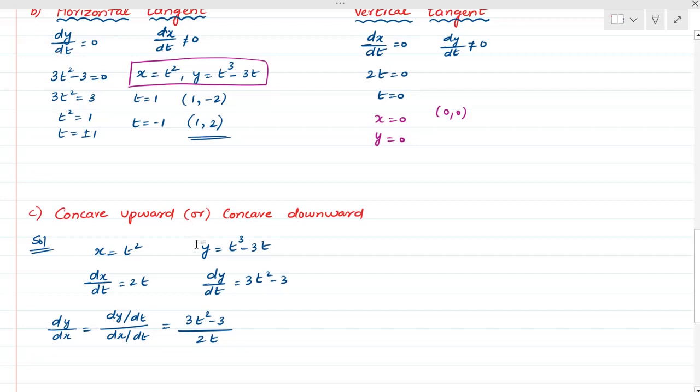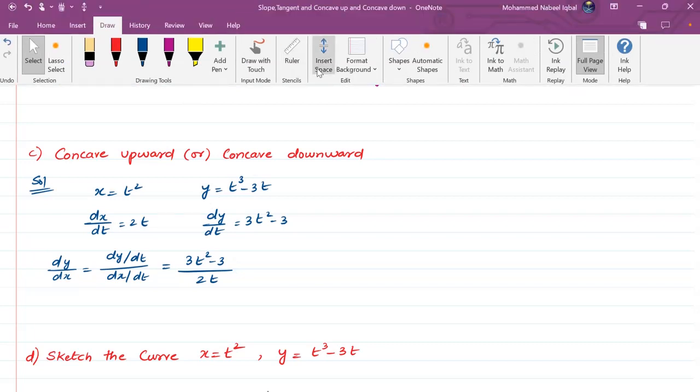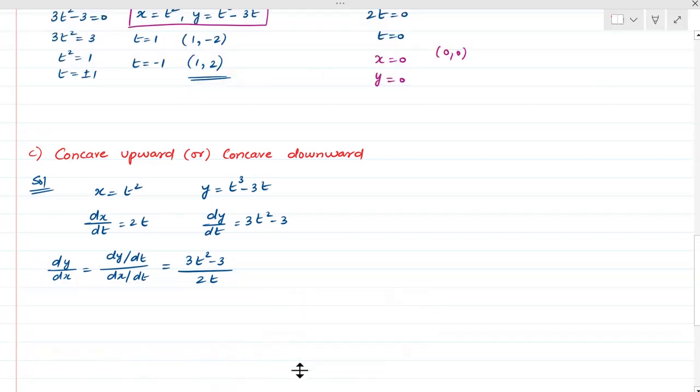So this one is the first derivative. I want to calculate the second derivative. In order to calculate it, we need d square y over dx square. What is the rule we have taken before? d square y over dx square can be written as d over dx of dy over dx.